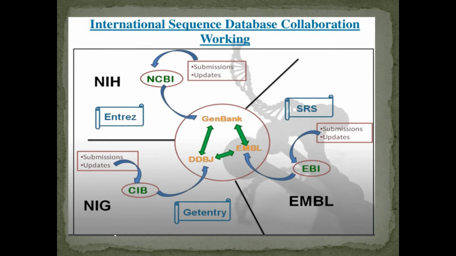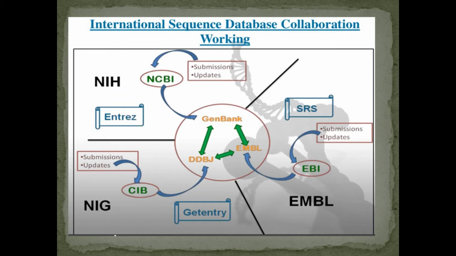Here you can see the International Sequence Database Collaboration working. Actually, there are three parts: NCBI, EMBL and NIG. These are all the International Sequence Database Collaboration. NCBI is maintained by NIH, which is used for submission and updation, and of course the sequence retrieval system is Entrez. Similarly, EMBL is maintained by EBI for submission and updation, and the sequence retrieval system is SRS.